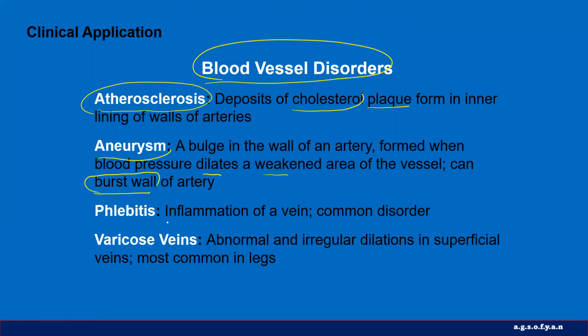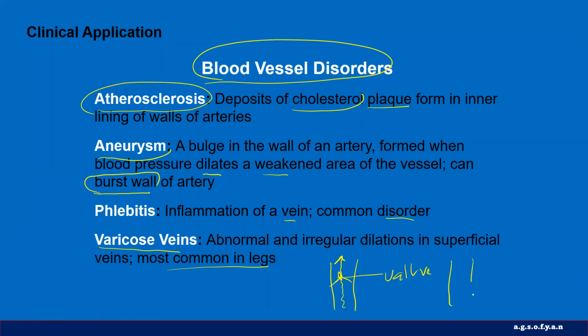Phlebitis, okay, phlebitis is inflammation of the vein. It is one of the common disorders also. Varicose vein, this is abnormal, irregular dilation of superficial veins under our skin, most common in the leg. And this is due to leaky valves. Remember, in the vein, we have valves that only let the blood go this way.